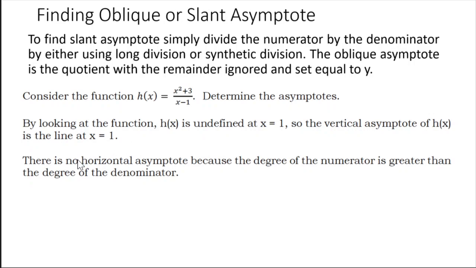And of course, there is no horizontal asymptote because the degree of the numerator is greater than the degree of the denominator. So we have to find the oblique asymptote of this function by dividing the numerator by the denominator, x squared plus 3 over x minus 1.